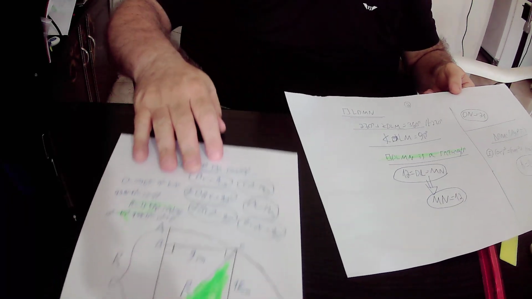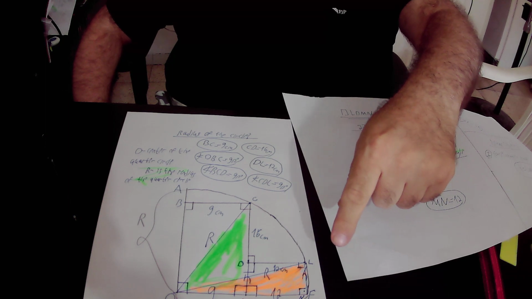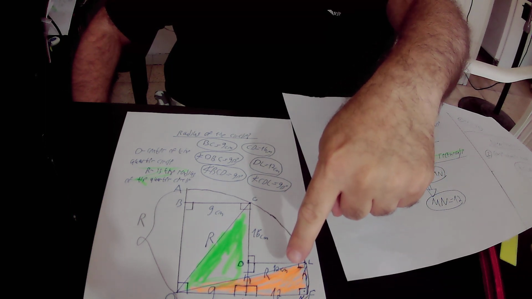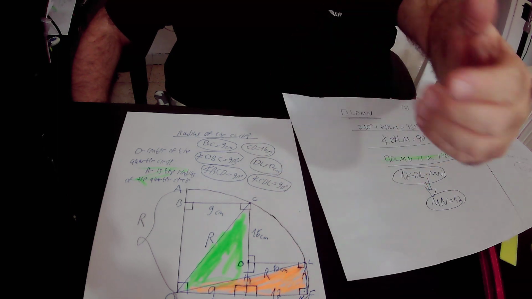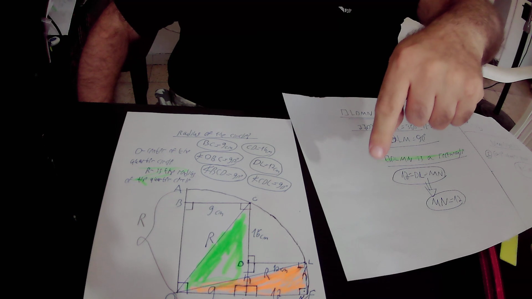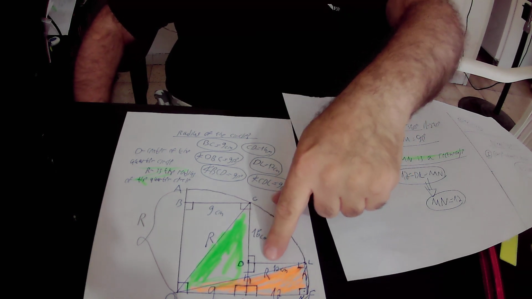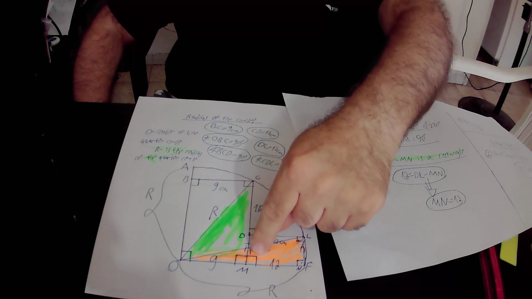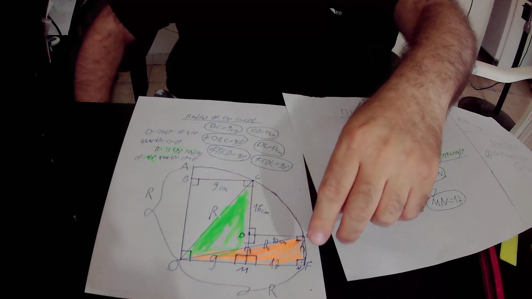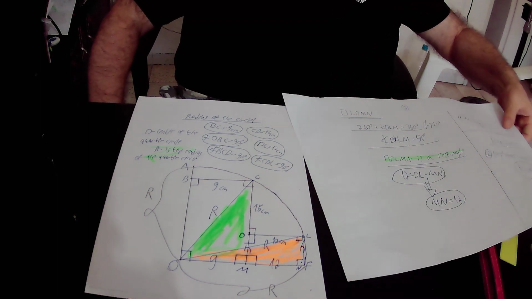And here, we actually know that quadrilateral DLMN, the orange quadrilateral, is a rectangle. And we know that the opposite sides of a rectangle are equal to each other. So we defined side DM, this side, as H. And because the opposite sides of this rectangle are equal to each other, it means that side DM must be equal to side LF.